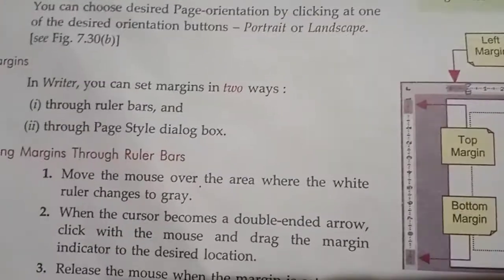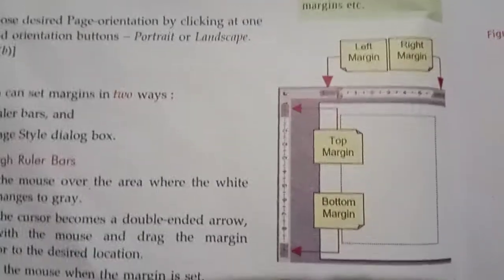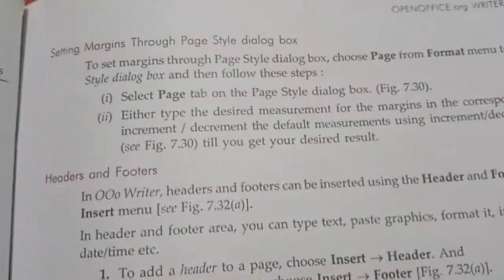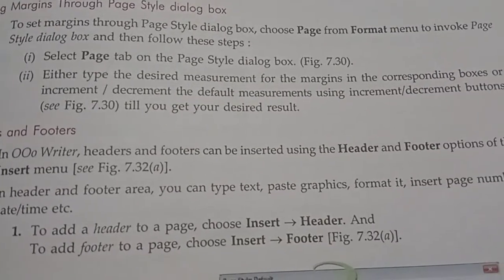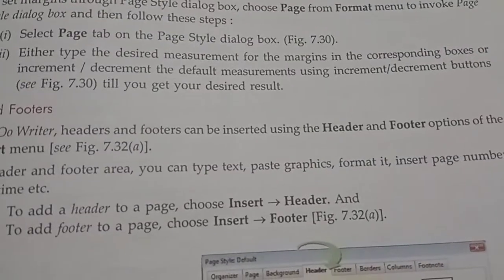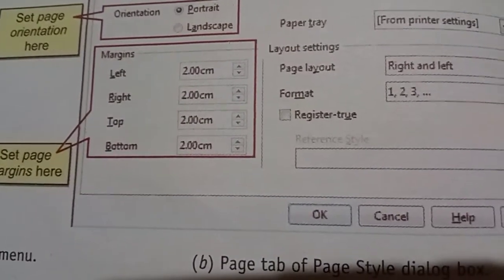So this is the way of setting margin by two methods. First one is the ruler method. The second one is the page style dialog box. Here select the page, then you can apply the desired margin measurement: left margin, right margin, top margin and bottom margin.